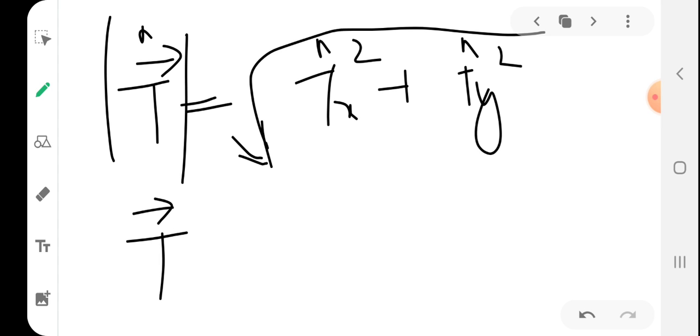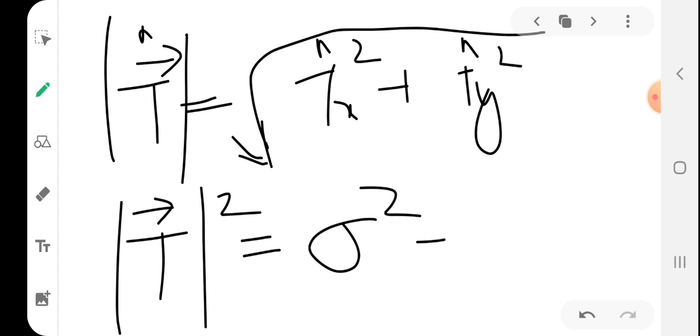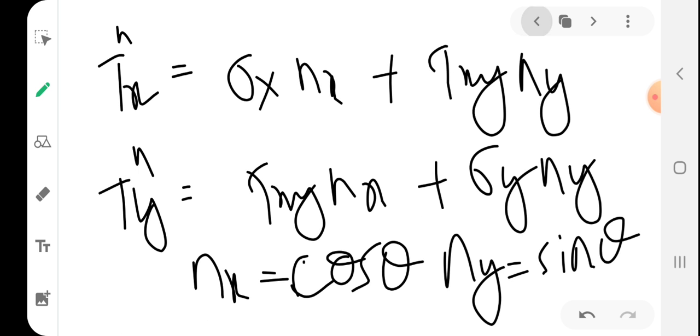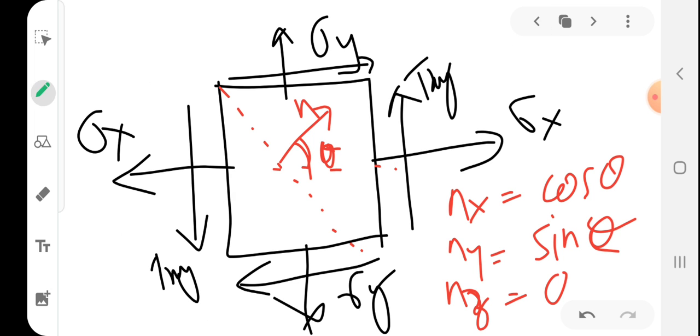Similarly, t vector square is equal to sigma square plus tau square, where sigma is the component of the normal stress, the component of the t vector in the direction of the normal. So this will be sigma and this will be tau. Tau will be parallel to that oblique plane, and sigma will be perpendicular to that oblique plane.